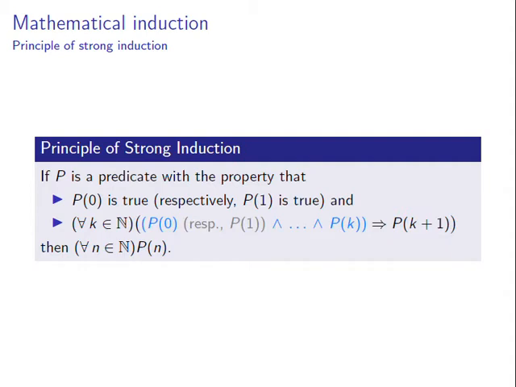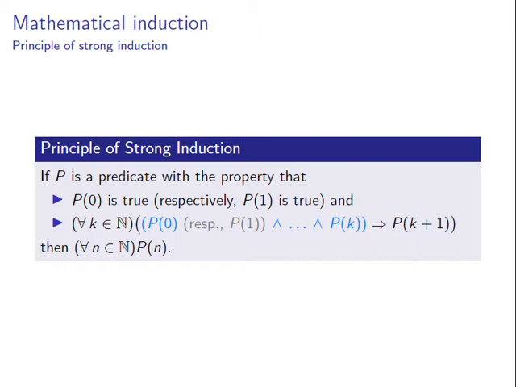The principle of strong induction is an axiom which is very similar to the principle of mathematical induction. The only difference between the PMI and the PSI is in the second condition in the hypothesis.